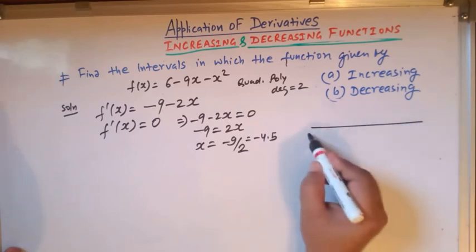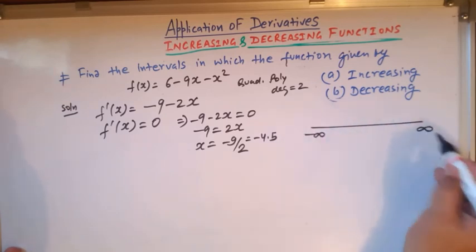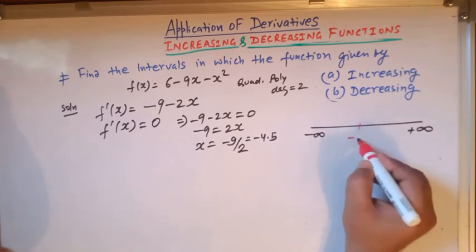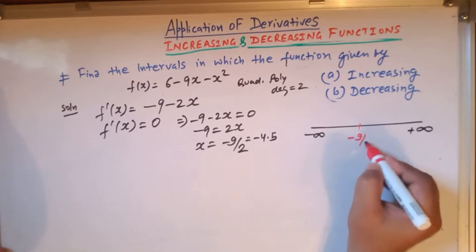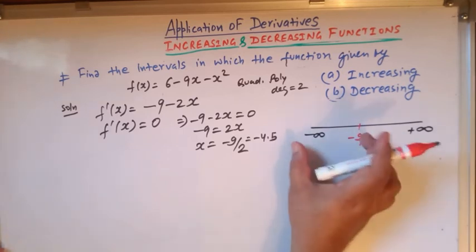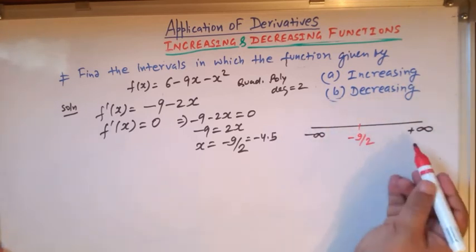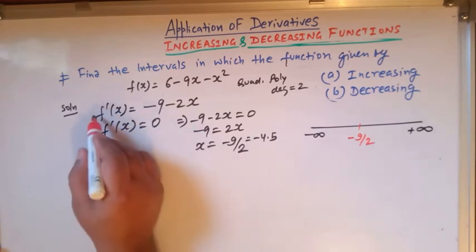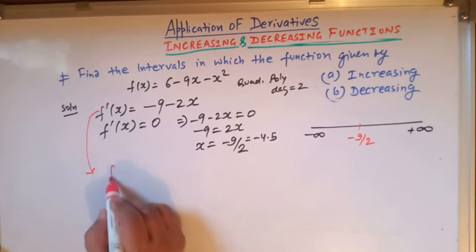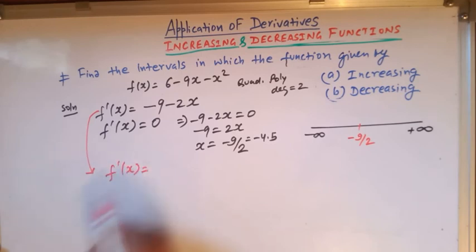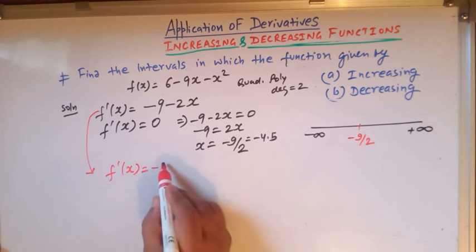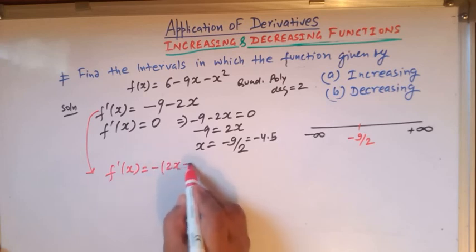Now this is the critical point here. So let us draw the real number line here, and the critical point is -9 by 2. So here we have two intervals. Clear? Now this expression can be written like this. See, f dash x can be written as minus of 2x plus 9.